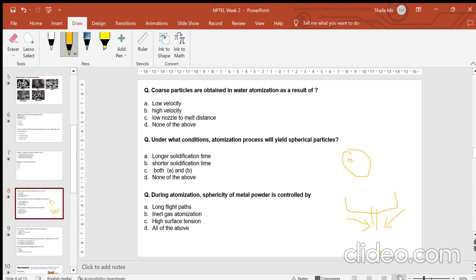So the question is, the coarse particles are obtained in water atomization as a result of low velocity of the water jet, the high velocity, the low nozzle to melt distance, or none of the above. So which of these is right? If you want to achieve coarse particles in water atomization, what should be the condition of operation?